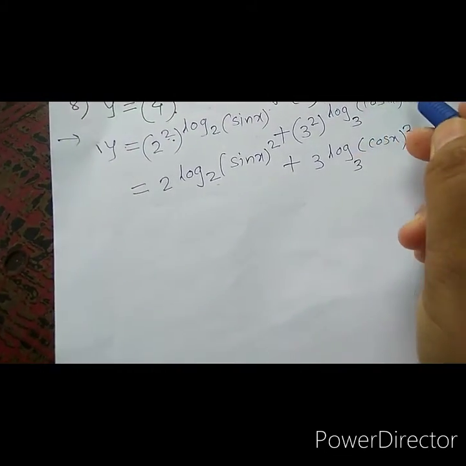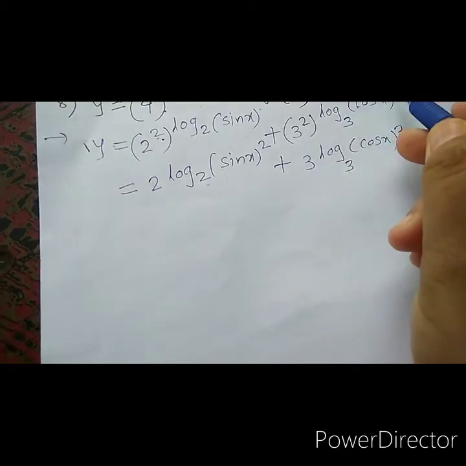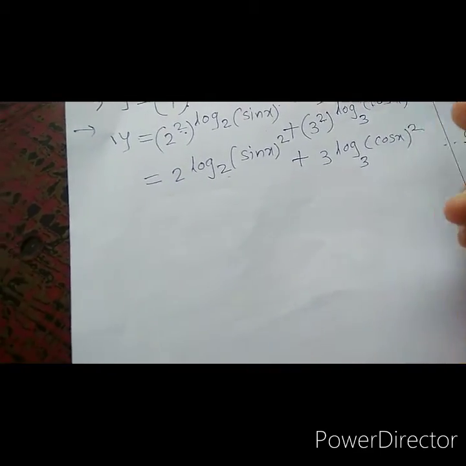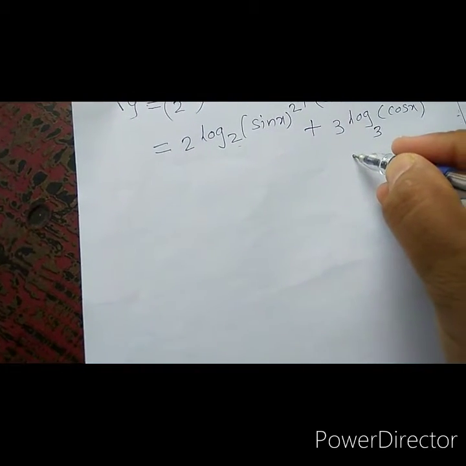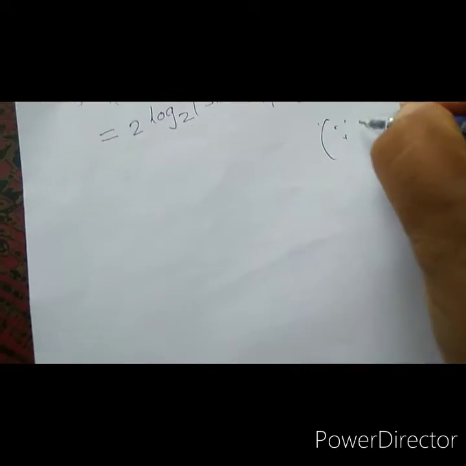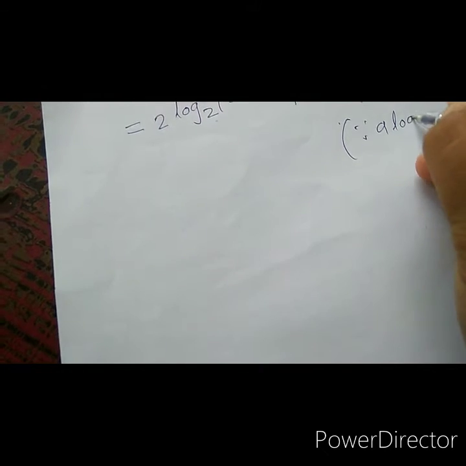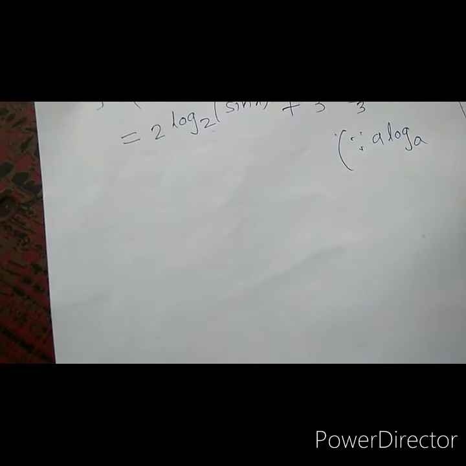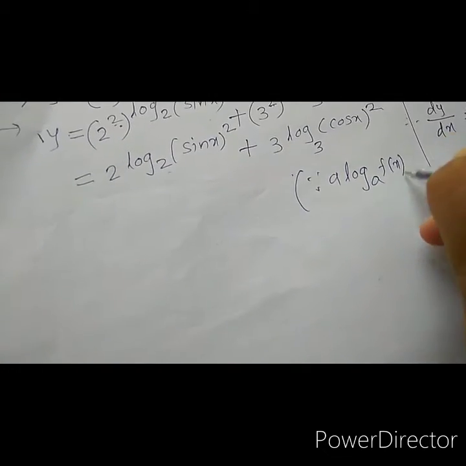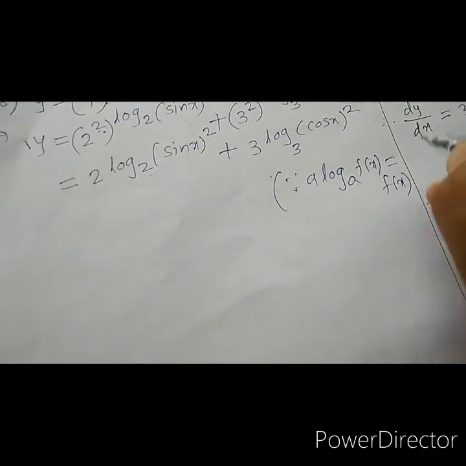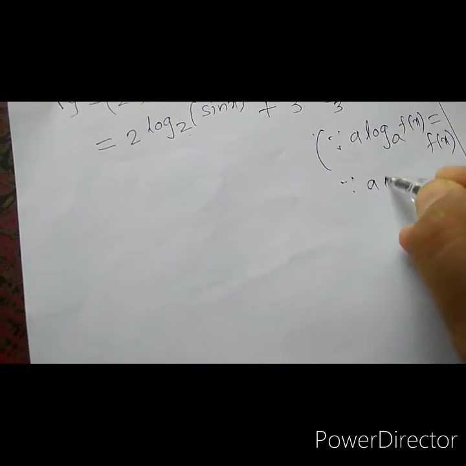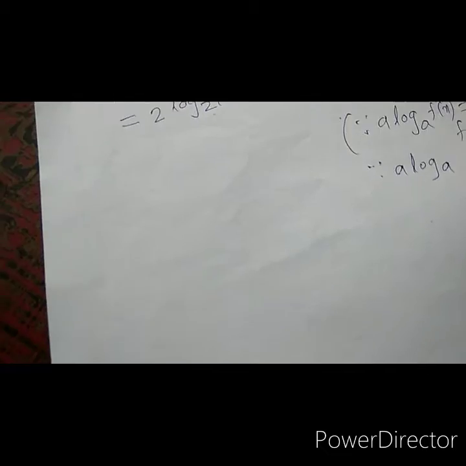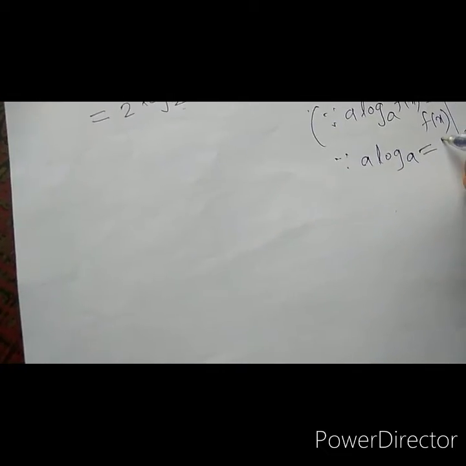But we know that a raised to log of f of x to the base a is equal to f of x, or we can write a raised to log of a is equal to 1.